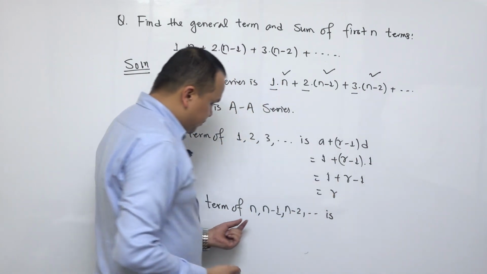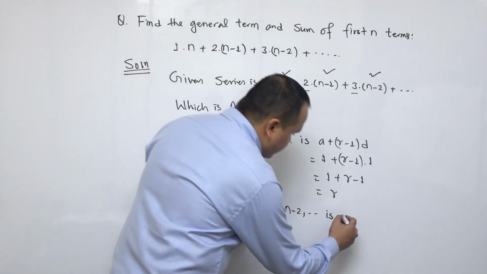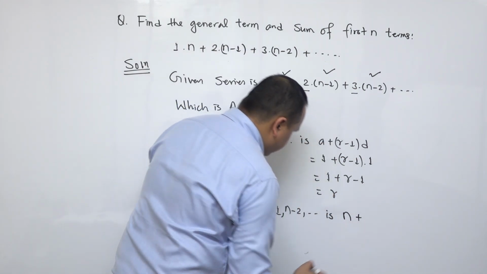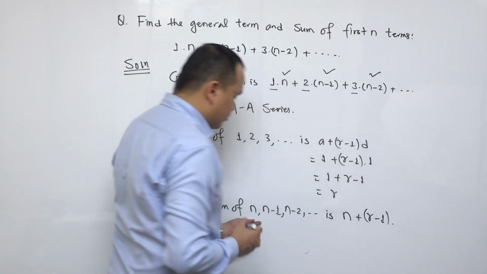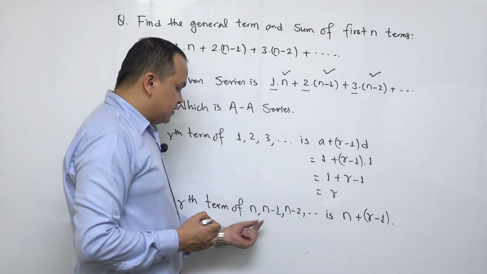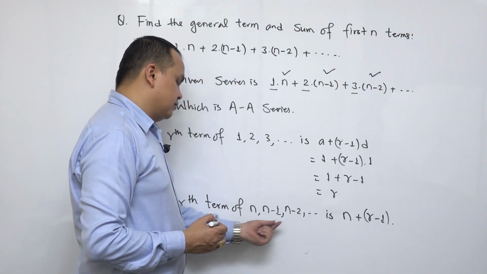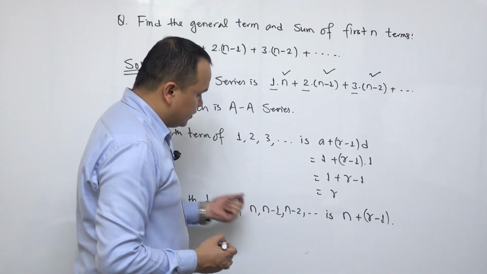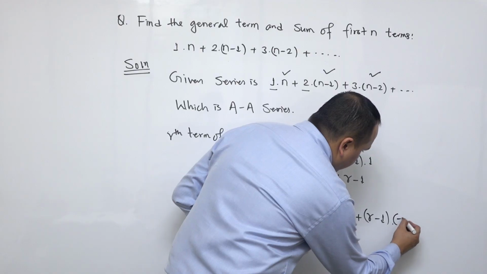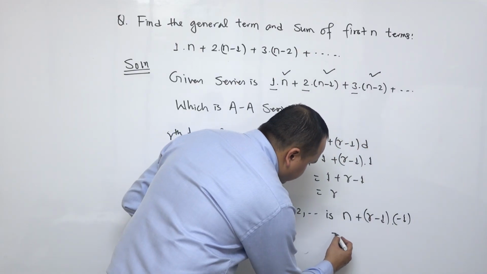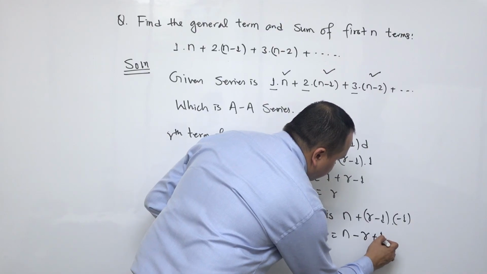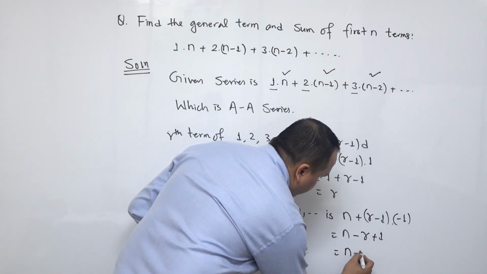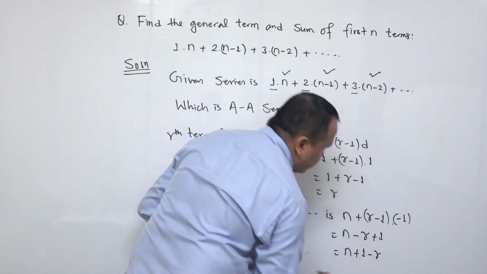So we have a, the first term, is n, plus r minus 1, into common difference, t2 minus t1 or t3 minus t2, minus 1. This is n minus r plus 1, which is n plus 1 minus r.